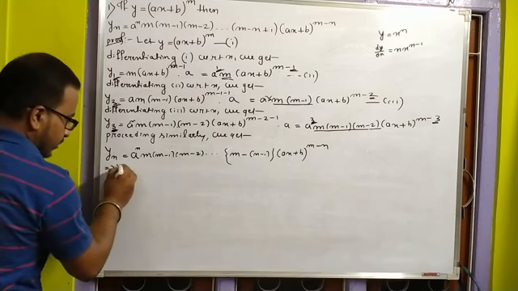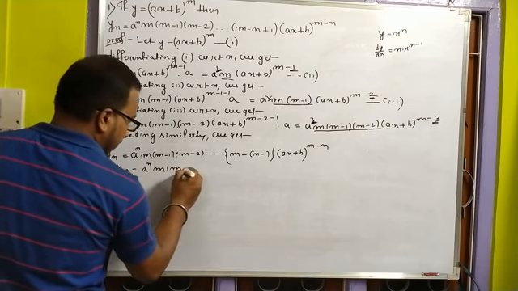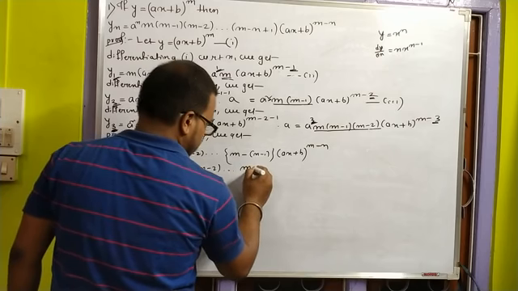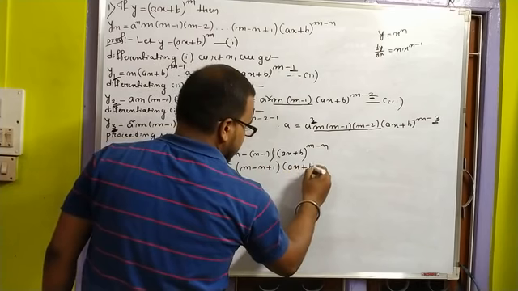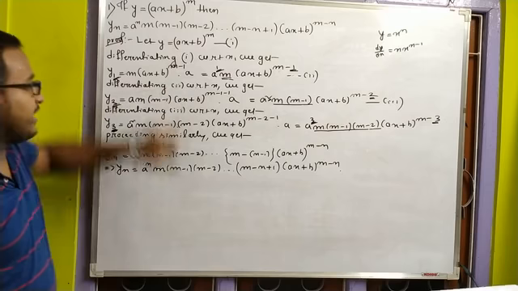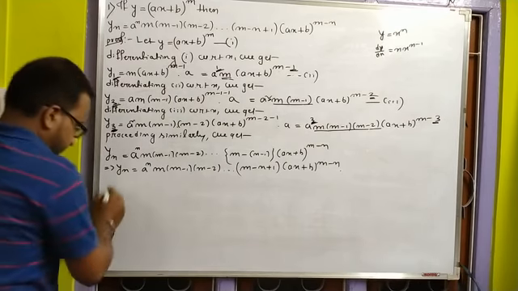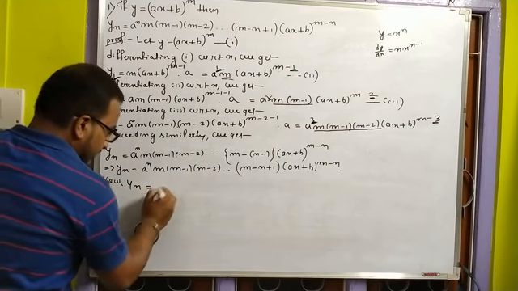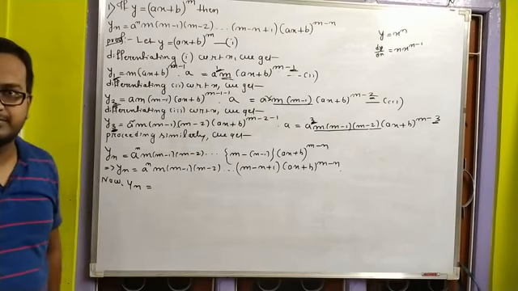Now we can write yn equals a to the power n, m into m minus 1, m minus 2, up to m minus n plus 1, into ax plus b whole to the power m minus n. Now it is done. The result is done, right? Now one thing you have to remember: yn will be this when m is greater than n, right?